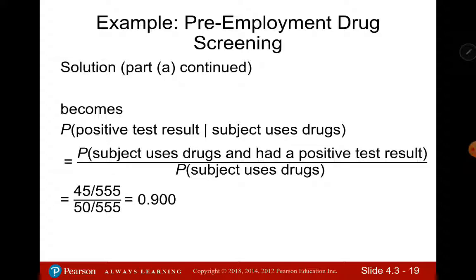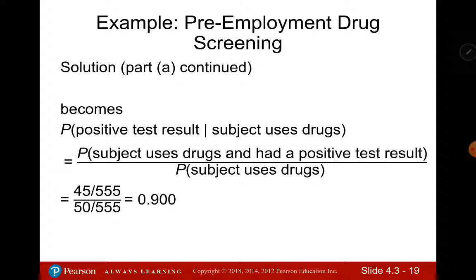It's the probability of using drugs and the positive result, or the probability of true positive, divided by the probability of using drugs. In total we know 50 people use drugs, 45 positive, 5 negative. Add them up together, 50 people over 555. That's the probability of people using drugs. So we use this to get the 0.9.